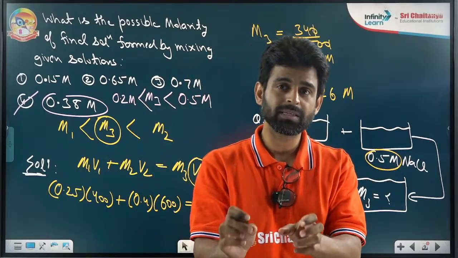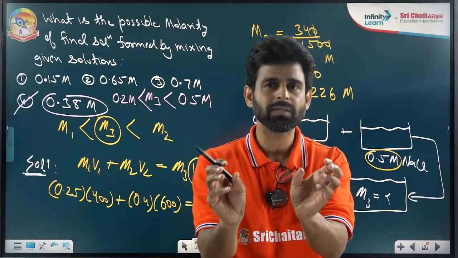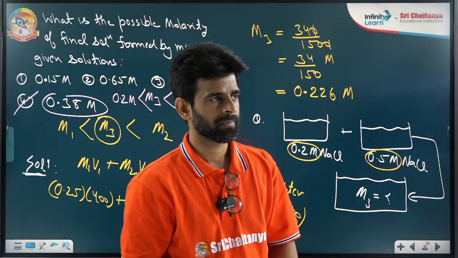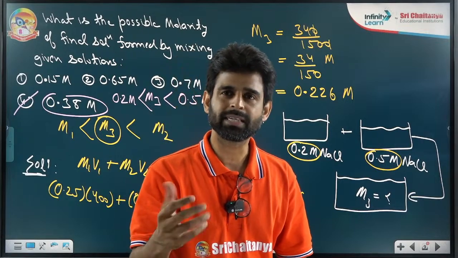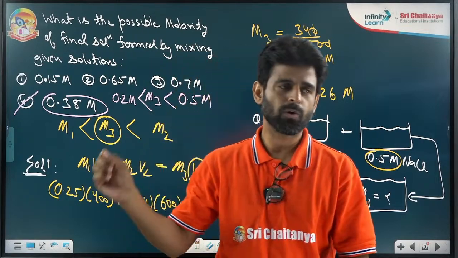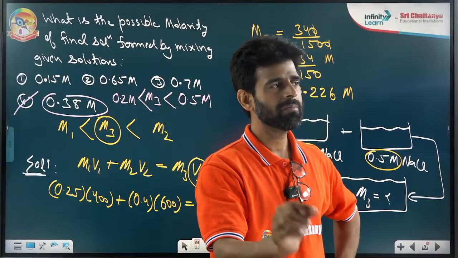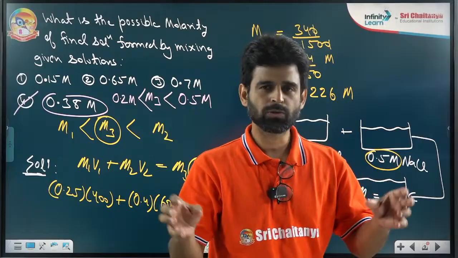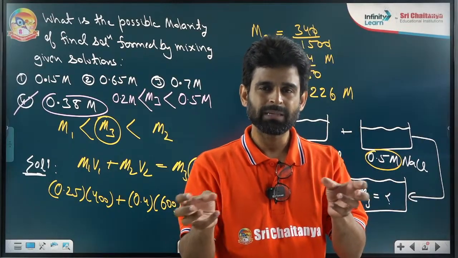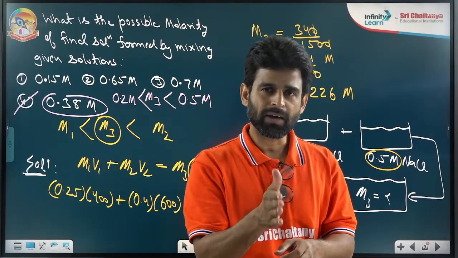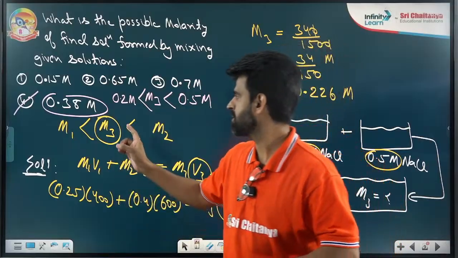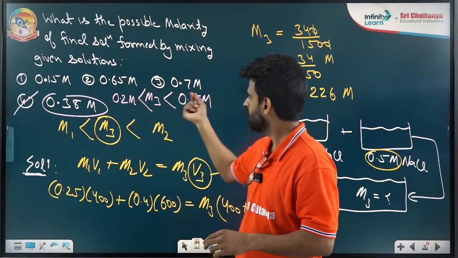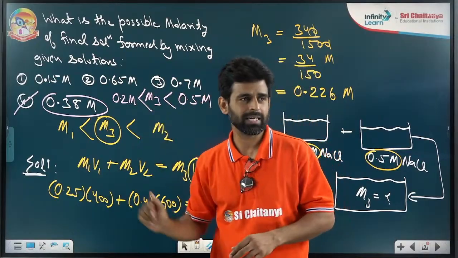So whatever option is given in between both the values will be your answer. Depending on the volumes it will change, but out of the 4 options it will be in between. If you mix two solutions of the same solute, the molarity of the final solution will be more than the lower value and less than the higher value, right?